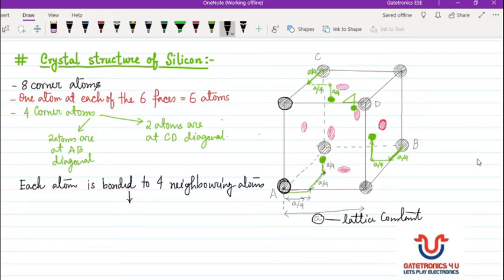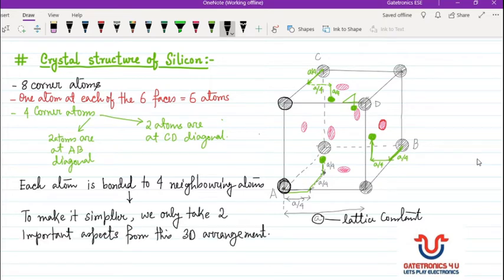So if we look at the structure of this silicon unit cell, we can realize that it is very difficult to work with this 3D structure or 3D arrangement. We have to make it simpler. So to make it simpler, we only take two important aspects from the 3D arrangement. So what are these aspects?